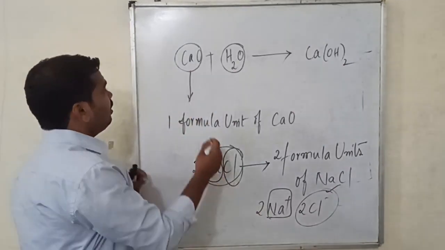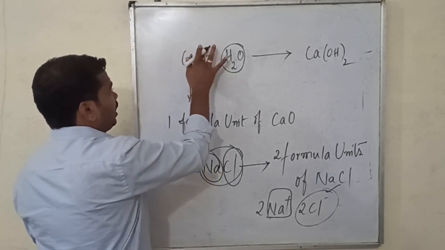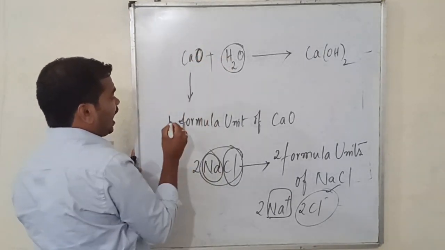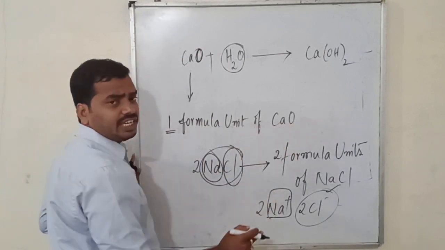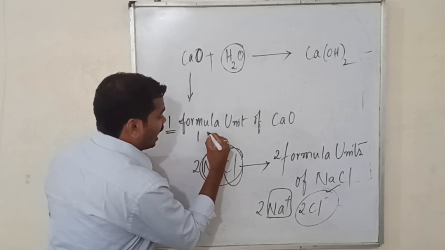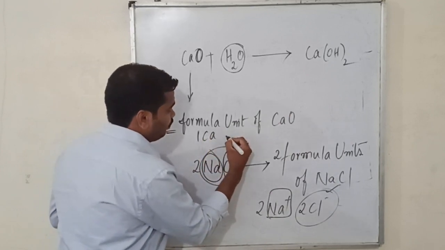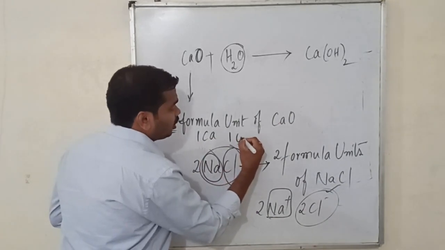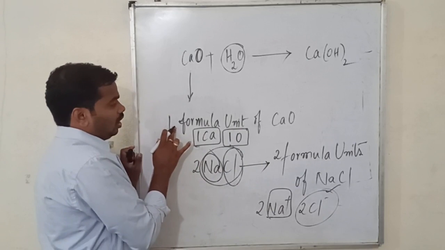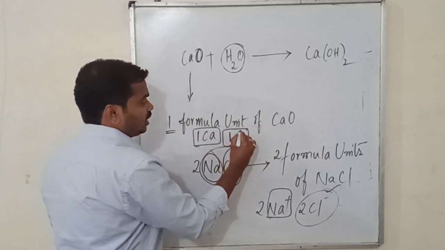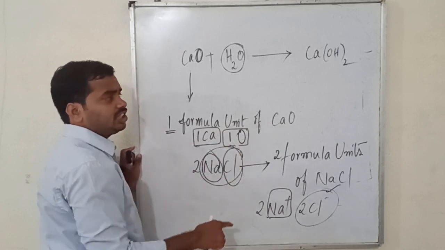Like that, if there is nothing written in front of a compound in a chemical equation, you would consider it as one formula unit. That says, if one formula unit of CaO means one calcium atom is present, I mean calcium ion, you can say Ca plus 2, and at the same time one oxygen atom is present. If one formula unit of CaO is taken, then see here, one calcium atom is present, one oxygen atom is present.